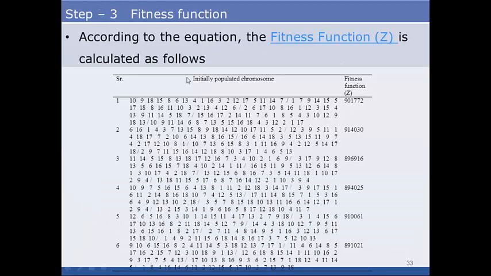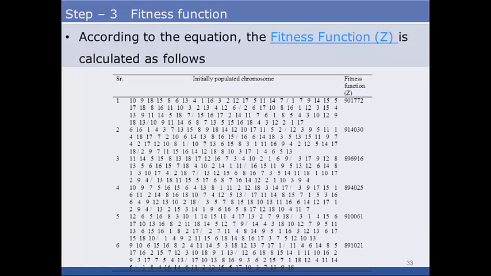Coming to the third, the fitness function. According to the equation, 50 states, 50 chromosomes are generated, and in the early slides I have shown the objective function, which I have used from Balakrishnan sir's literature. For that objective function, this particular chromosome is evaluated.